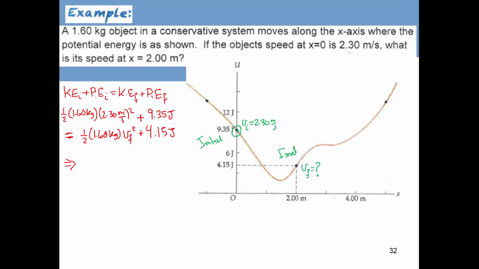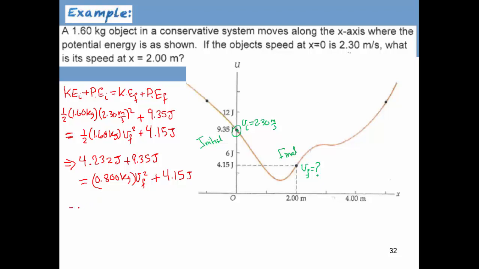The initial kinetic energy will come out to be 4.232 joules, keeping all the significant figures until the end, plus 9.35 joules. This will be the left hand side. On the right hand side, we'll have 1/2 times 1.6, which is 0.8 kilogram times the final velocity square plus the 4.15 joules.